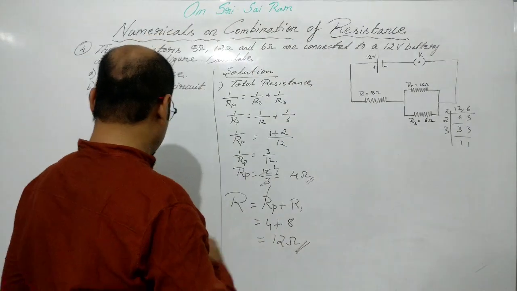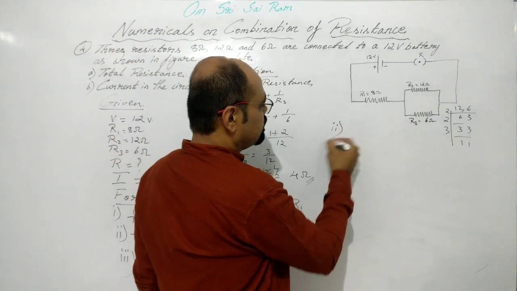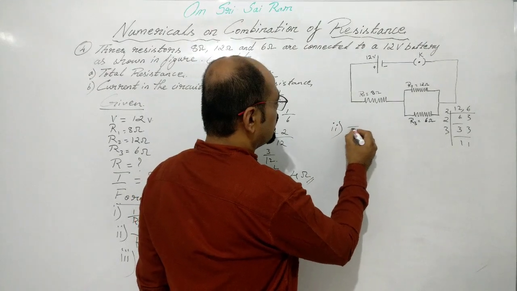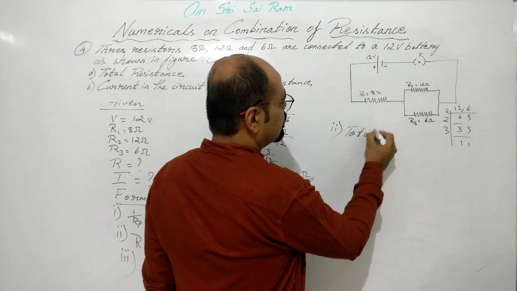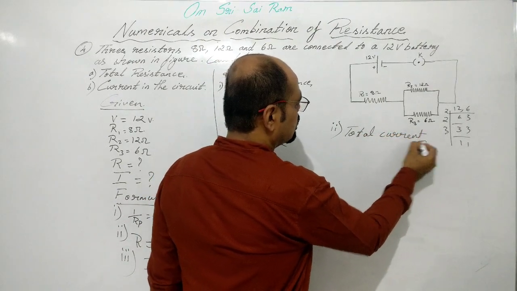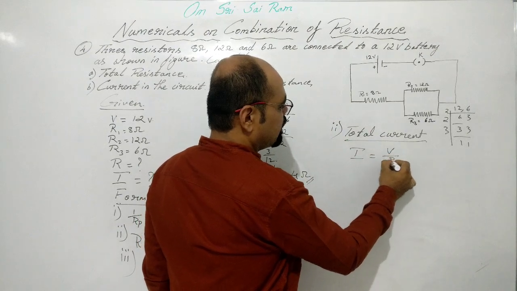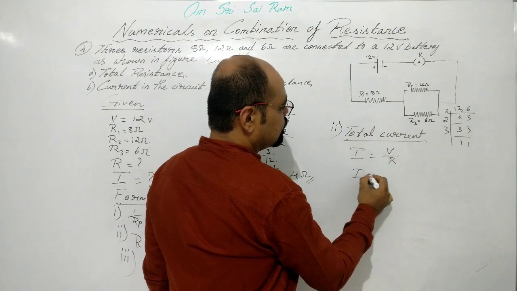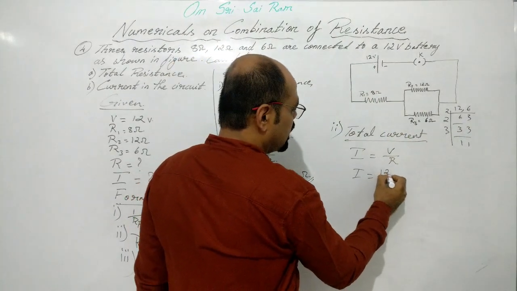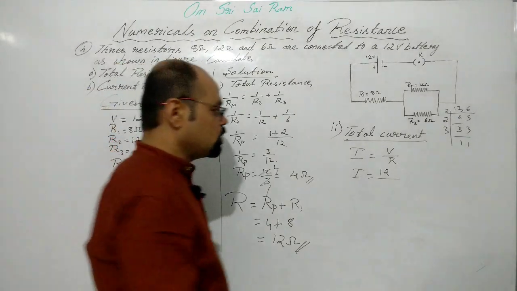Now we are going to calculate the current. So second solution: the total current in the circuit. We have the formula I is equal to V by R. So I is equal to V, which is already given to you, that is 12 volts, and the resistance we have found just now, the total resistance, is 12 ohms.